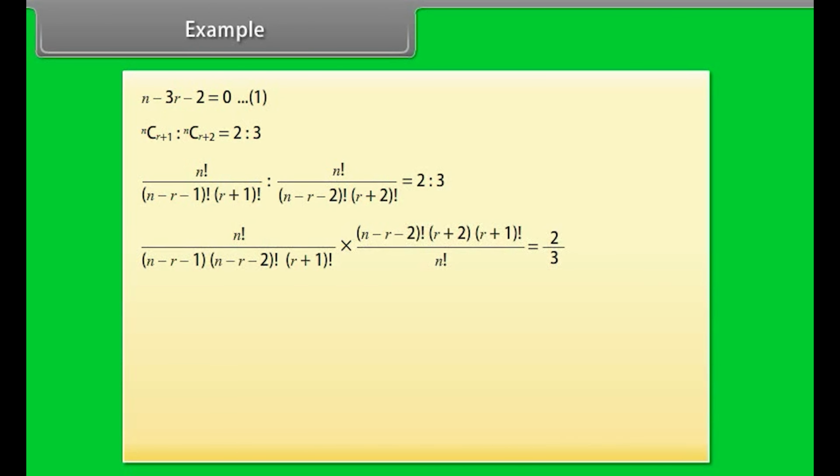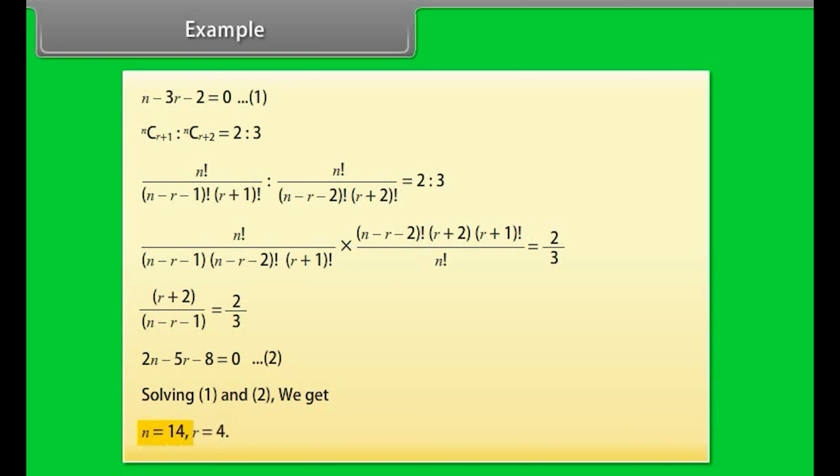Simplifying, r plus 2 by n minus r minus 1 is equal to 2/3, so 2n minus 5r minus 8 is equal to 0. Name it as 2. Solving 1 and 2, we get n is equal to 14, r is equal to 4.